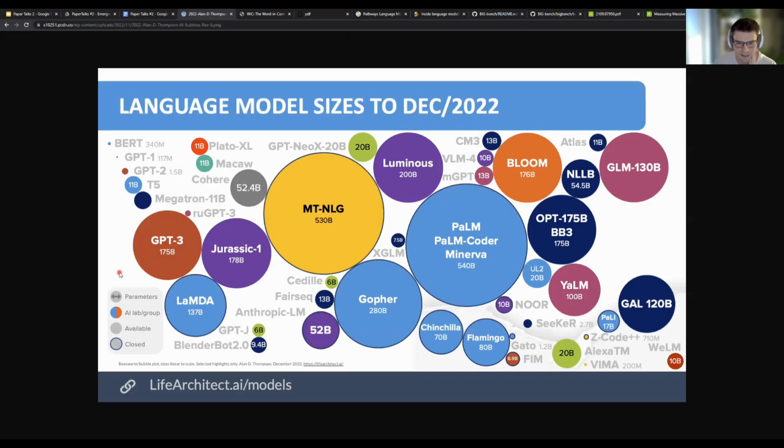Maybe it's not really good because they are circles, and it would be better for humans in bars, but we can compare somehow that here is the Palm, it's the biggest, here's Gopher, Chinchilla, here is Lambda, and somewhere here is GPT-3. So there are bigger models than GPT-3, and there are a lot of them. Every month there are different models.